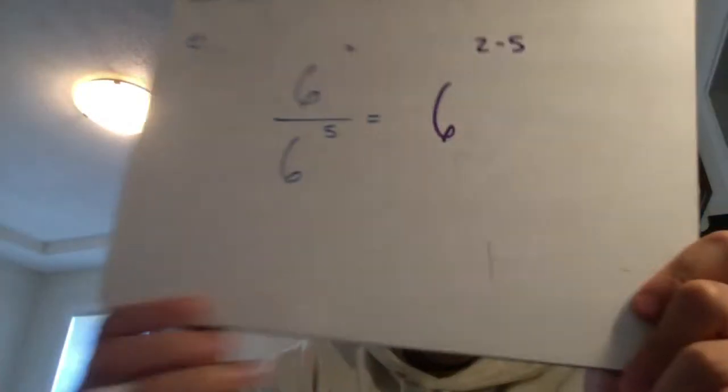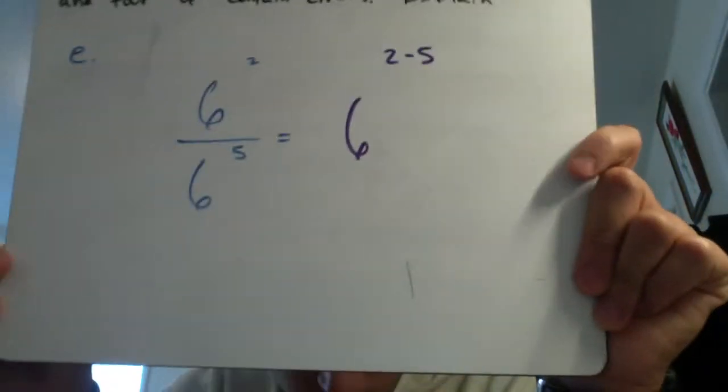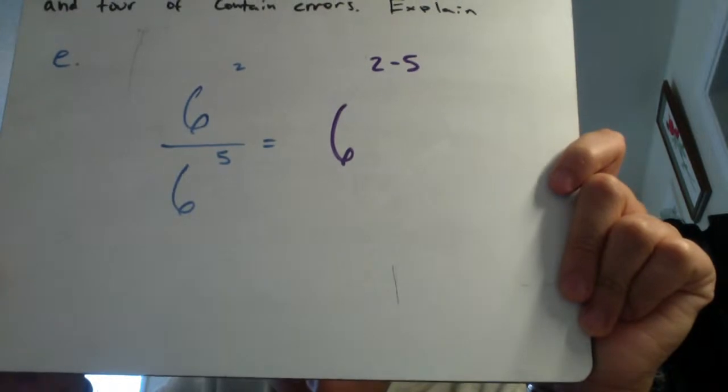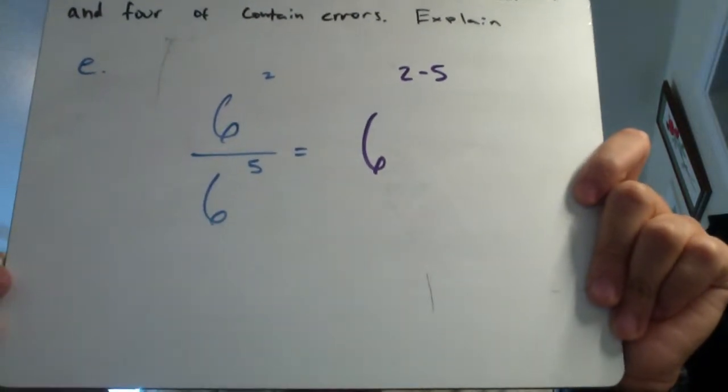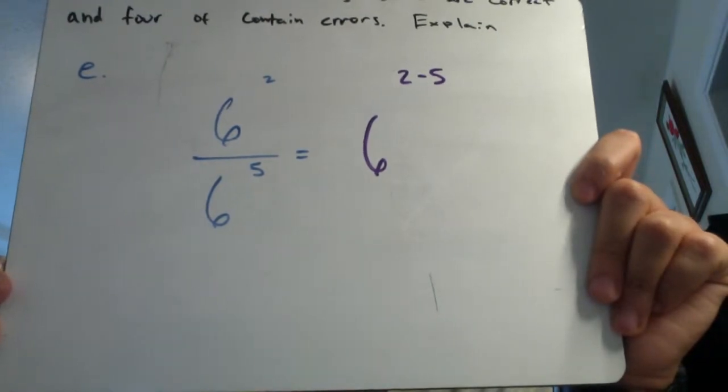So 6 to the 2nd power divided by 6 to the 5th power is the same thing as doing 6 to the 2nd minus 5th. So you subtract your denominator's exponent from your numerator's exponent. You're looking at the exponents. Right?